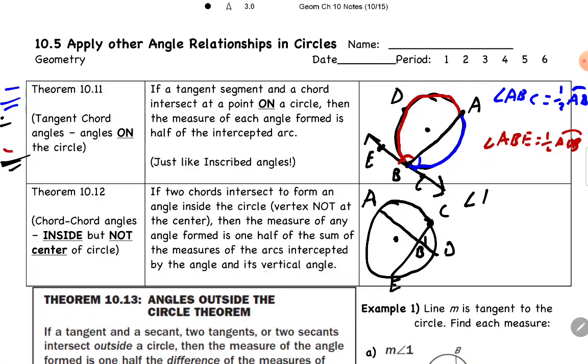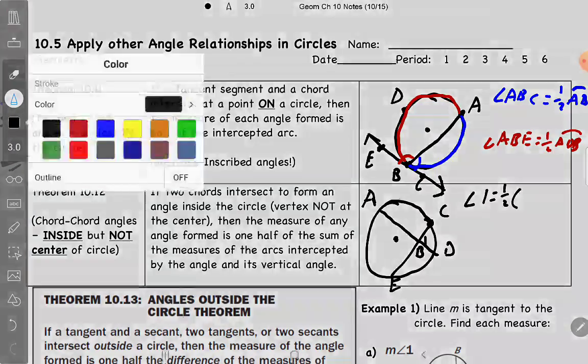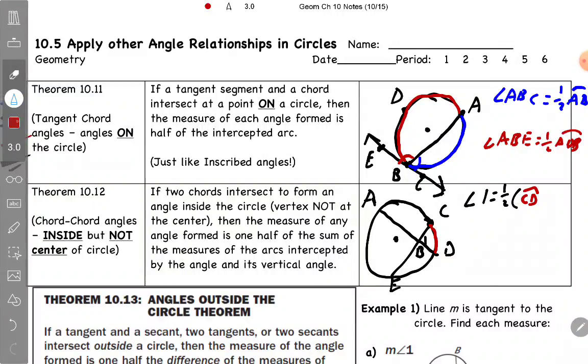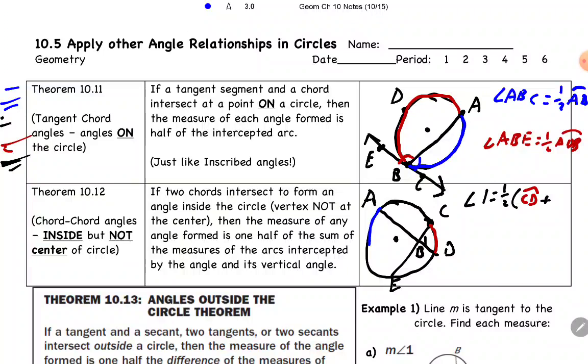Angle 1 is equal to 1/2 of the red arc plus the blue arc, AE.